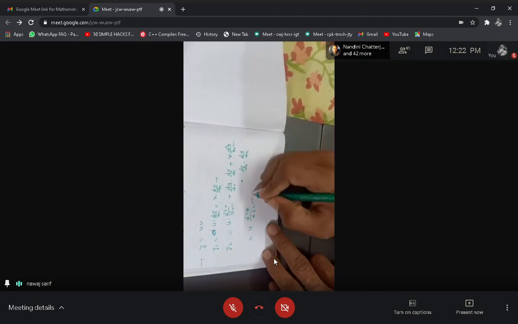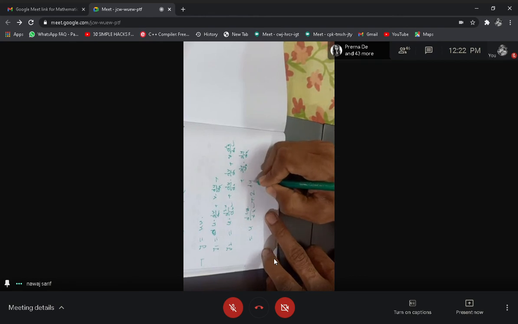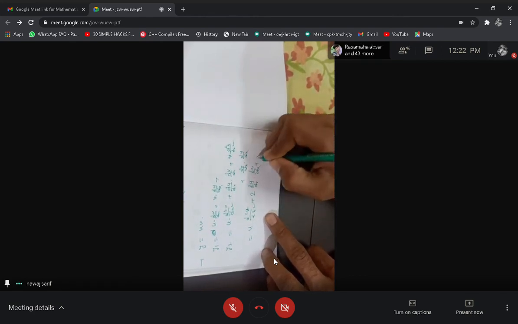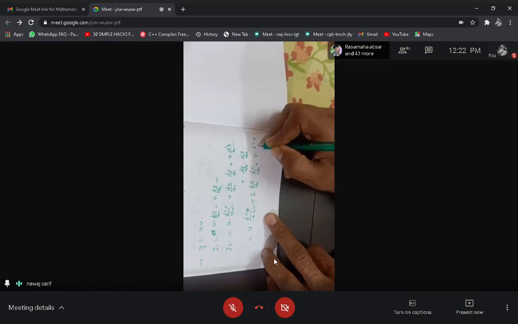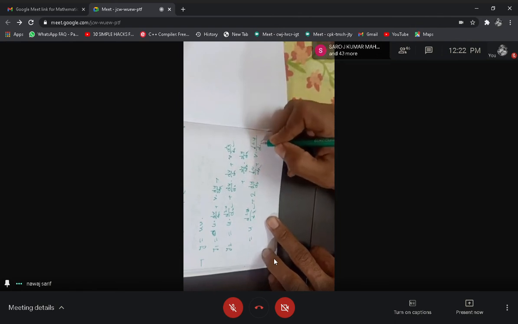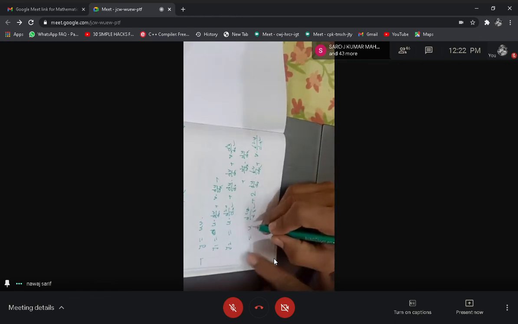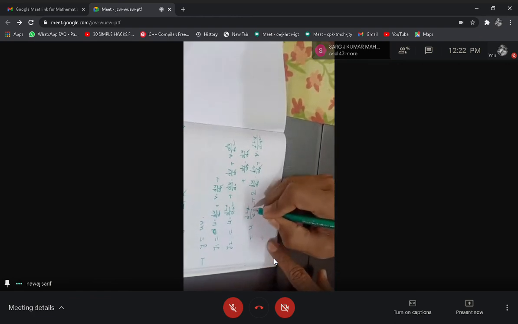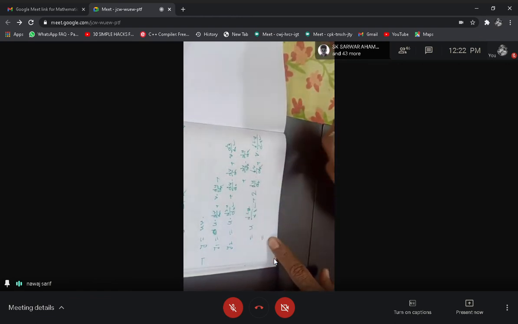These two are the same, that means 2 into du dx and dv dx, plus v into d2u over dx2. So you can write d2u dx2 as u2.